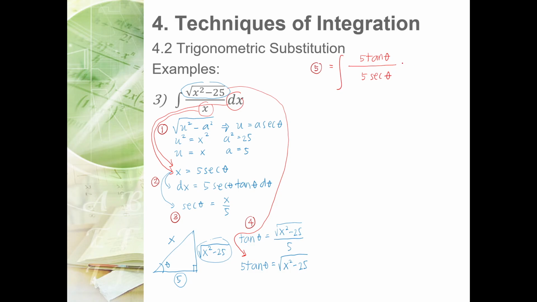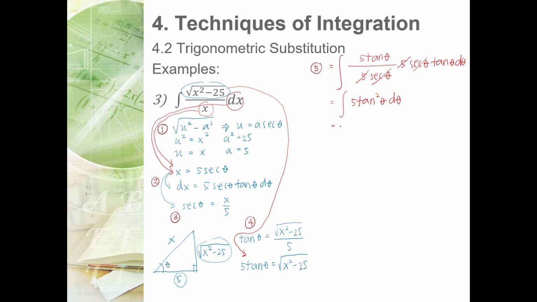Then our d theta is 5 times secant theta tangent theta d theta. So cancel out 5, cancel out secant theta, and what's left is just the integral of 5 tangent squared theta d theta.